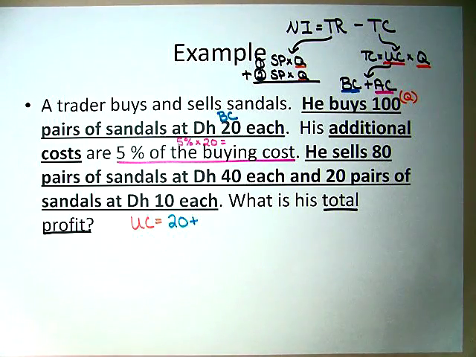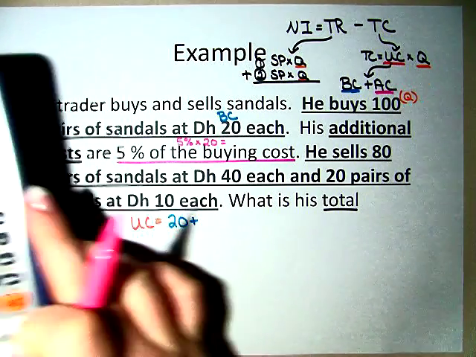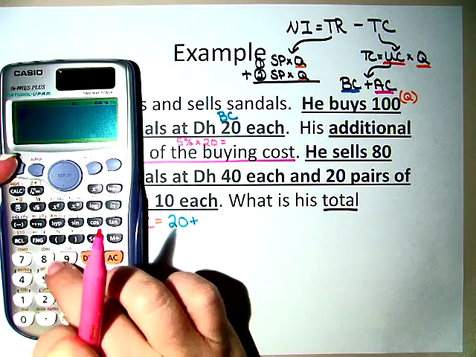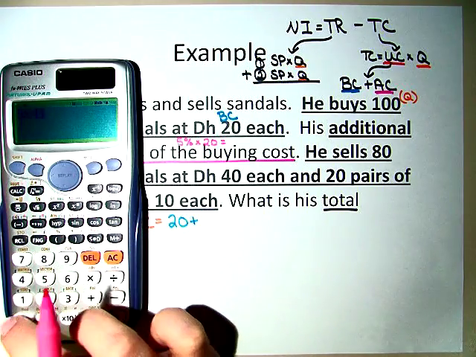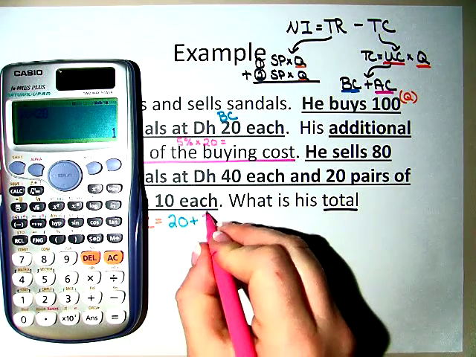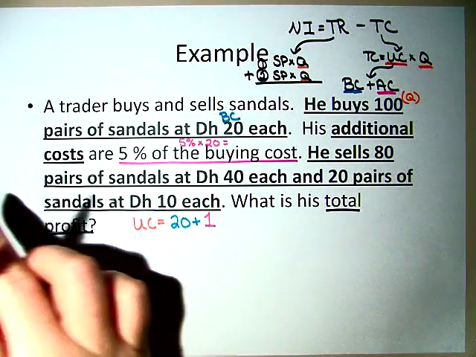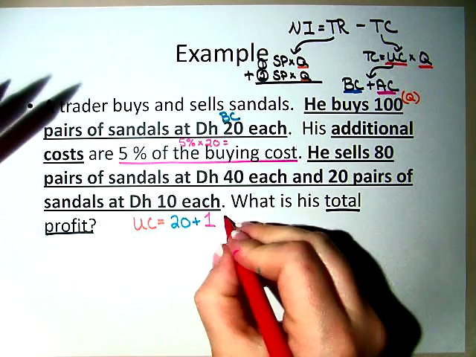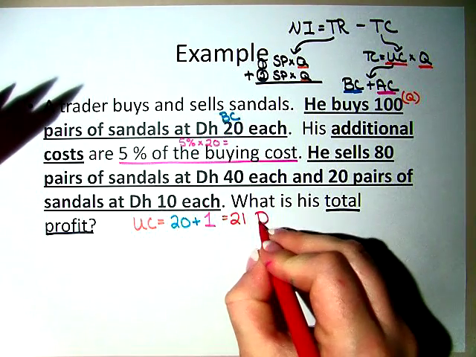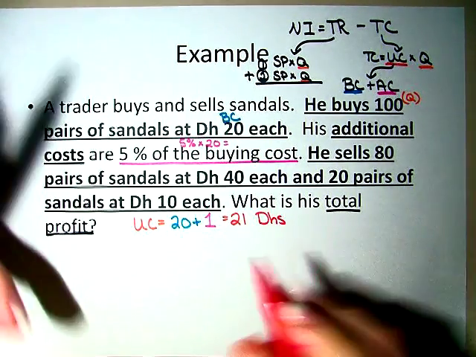Okay, we get out our calculator. 5% times 20. So 1 dirham for each unit cost. Okay, so that would mean that my unit cost is 21 dirhams.